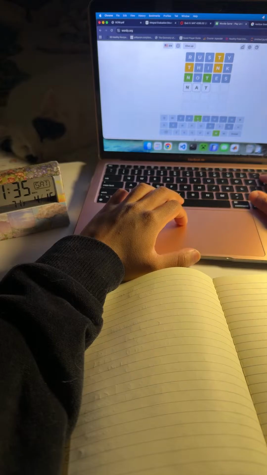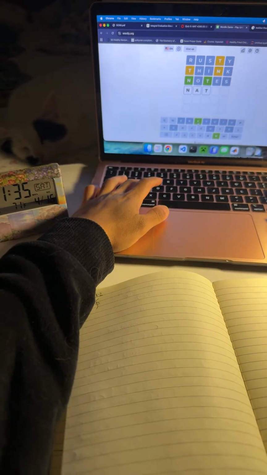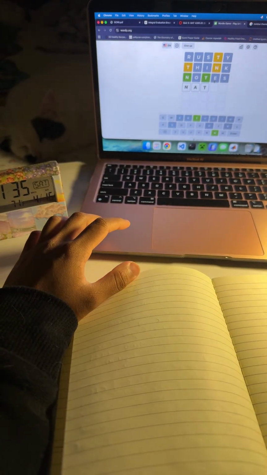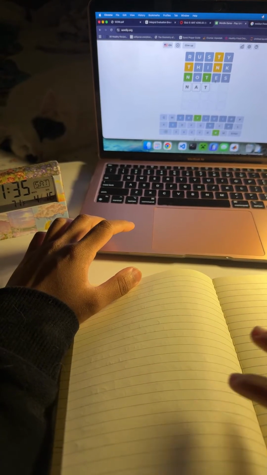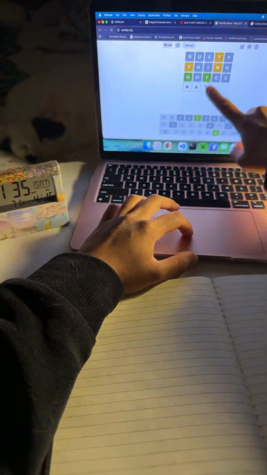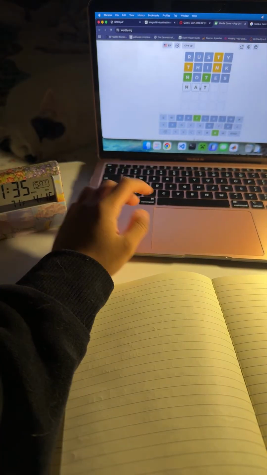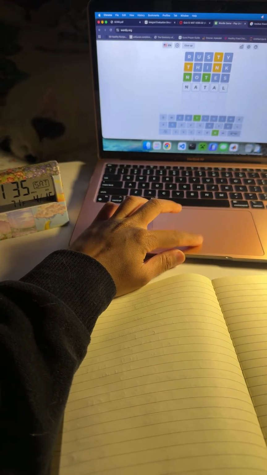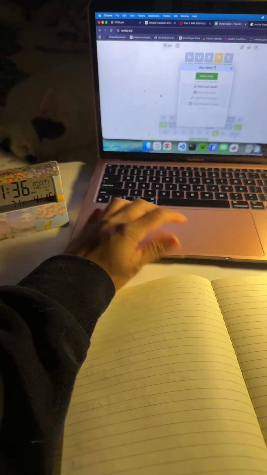N-A-T. This is so hard. Nature. There's no E or R. Neuter. But the middle letter is T, and there's no U either. And it has to be a real word. Natal. Hey, I got it. Awesome.